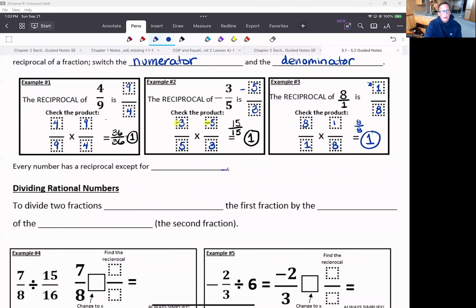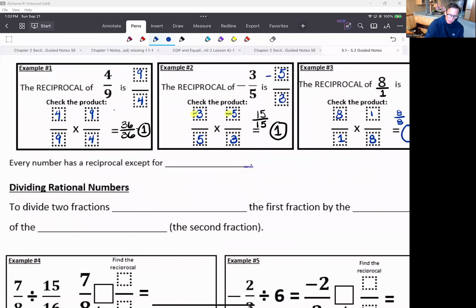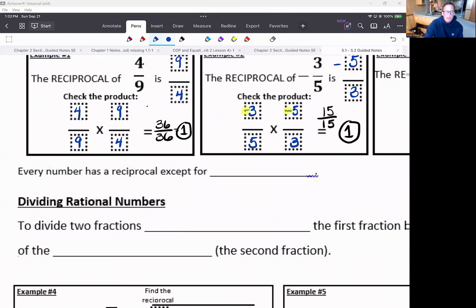The next little footnote here is every number has a reciprocal except for, what do you guys think that is? Do you guys know what it is? Every number has a reciprocal except for, I think I'm thinking 0, but I think 1 could also be included. But I think it's 0, because 0 could be expressed as 0 over 1, right?